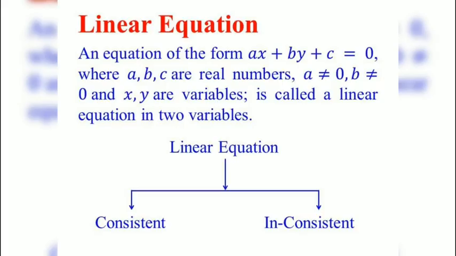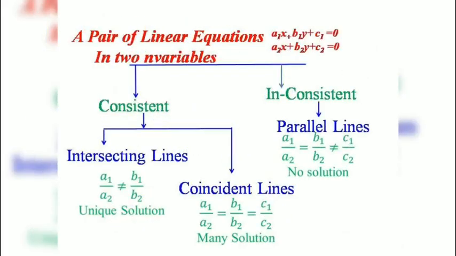So this is the general form of linear equations in two variables, that is ax + by + c = 0. For a pair of linear equations in two variables, the general forms are a1x + b1y + c1 = 0 and a2x + b2y + c2 = 0. A pair of linear equations in two variables may be consistent or inconsistent.